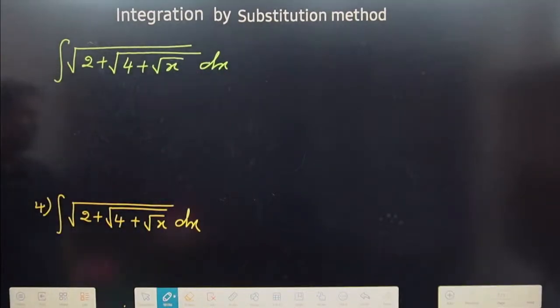Okay, how can we do this type of problem?